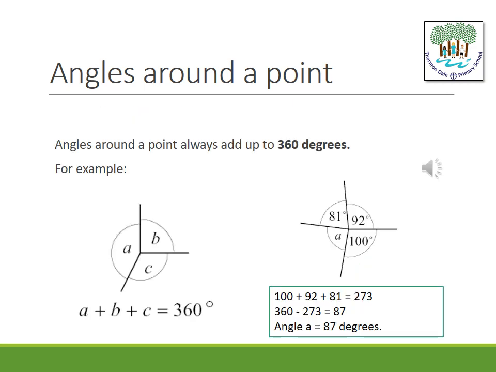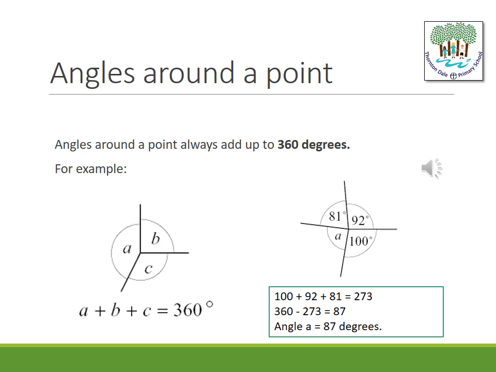As we've said on the previous slide, a full turn is 360 degrees. So we can use that information to help us work out missing angles. You can see here that A plus B plus C equals 360. Putting that into practice, we could work out that angle A is 87 degrees.